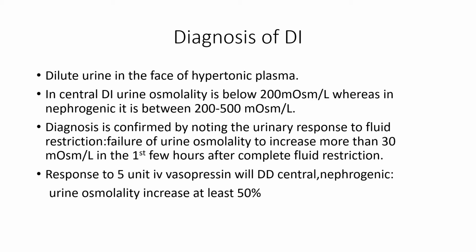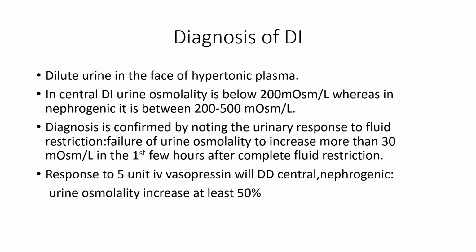Diagnosis is confirmed by noting the urinary response to fluid restriction: failure of urine osmolarity to increase more than 30 milliosmol per liter in the first few hours after complete fluid restriction. Response to 5 units of intravenous vasopressin will differentiate central and nephrogenic.